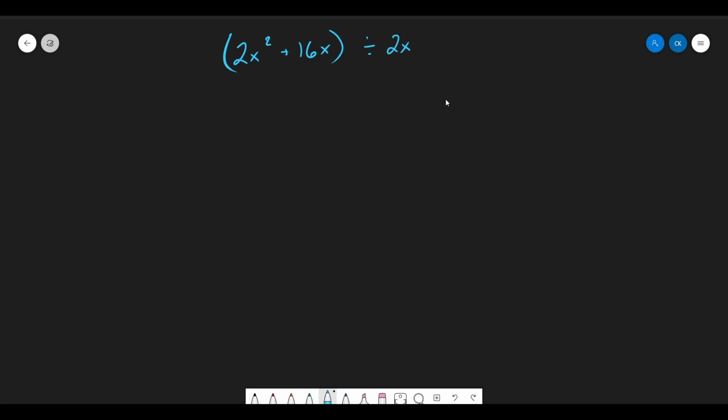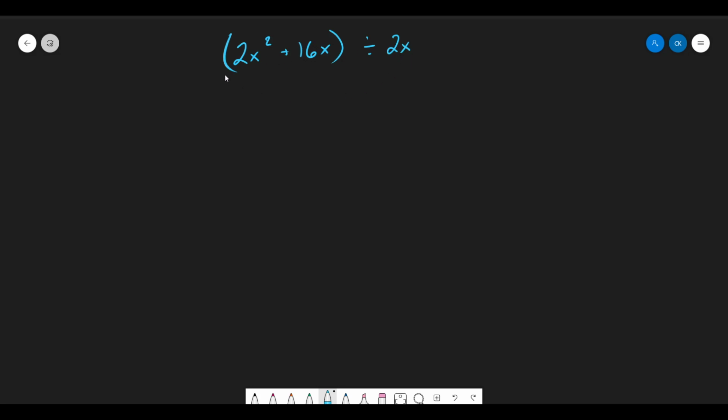When we are taking a polynomial, it could be a binomial, a trinomial, or anything, 4, 5, 6 terms, and we are dividing it by a monomial. Remember, monomial means one term, so 2x, 3x squared, something like that, where there's no addition or subtraction in it.